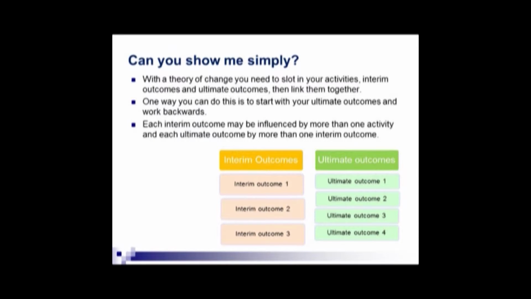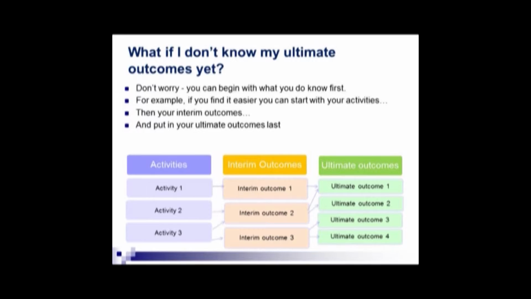And what this helps to do is to create a picture of how various activities influence the interim outcomes and how collectively those interim outcomes support the ultimate outcomes. So what if you don't know your ultimate outcomes yet? Don't worry. You can begin with what you do know first.